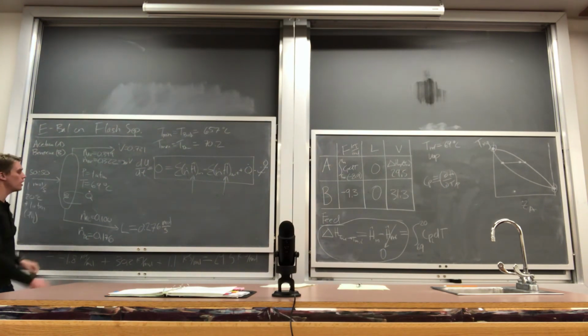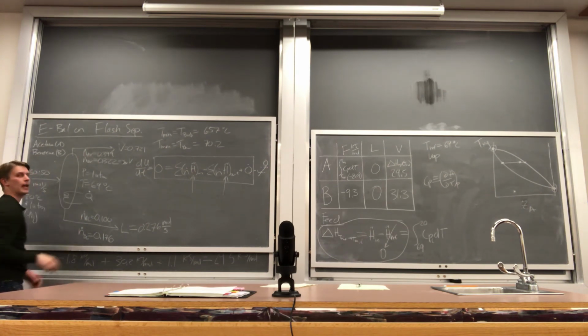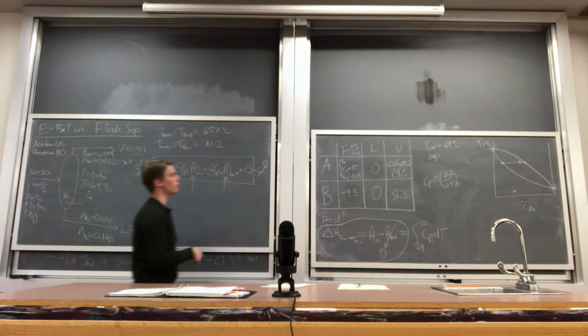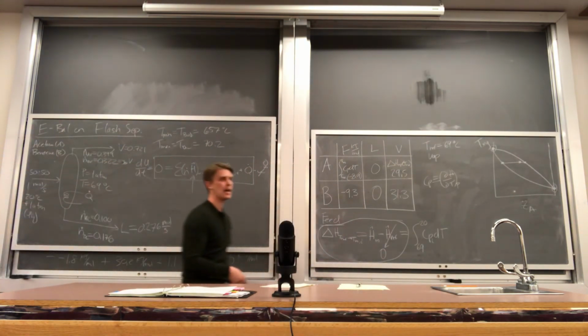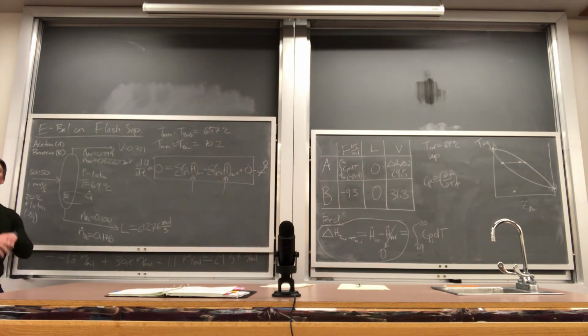So in our equation, if we assumed an arbitrary reference point we would have 1, 2, 3, 4, 5, 6 entries plus the Q. By assuming a 0 reference state for one of our streams, we only have 4 entries plus the Q. But being neat and organized really helps in your calculations.